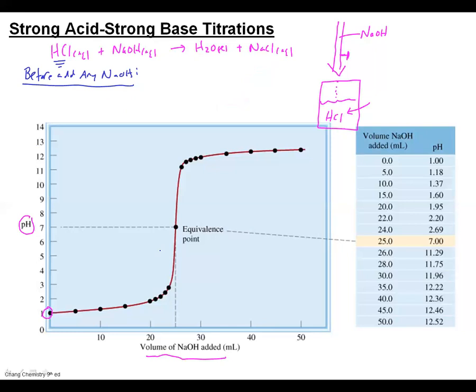And if we wanted to figure out the pH before we begin the titration, we basically have HCl in this case, which is a strong acid. Because it's a strong acid, it will 100% break apart into H+ and Cl-, which means, as we talked about earlier in this chapter, we could get the concentration of H+ and then go directly into our pH equation.